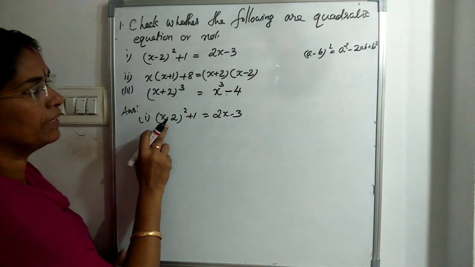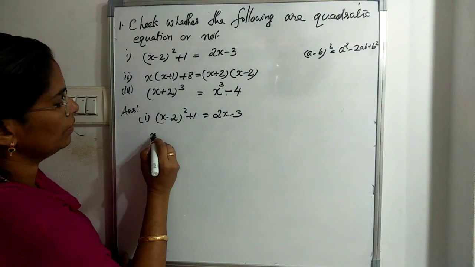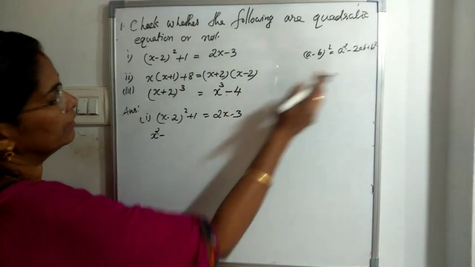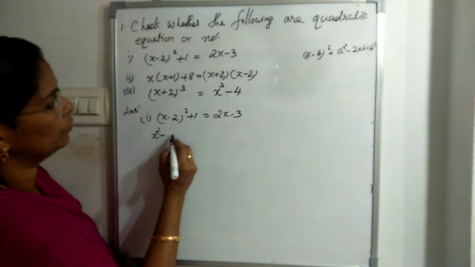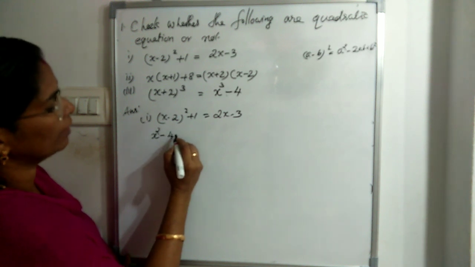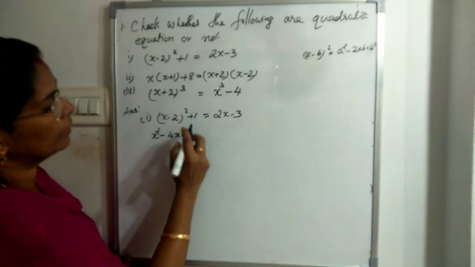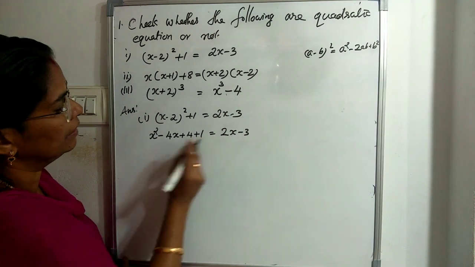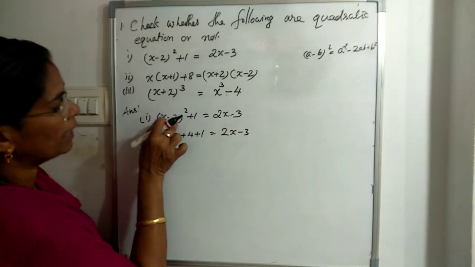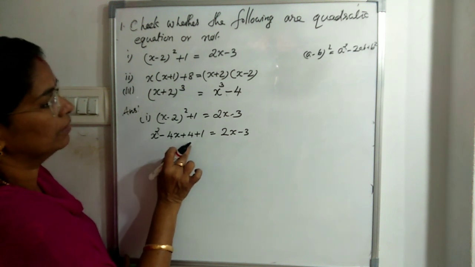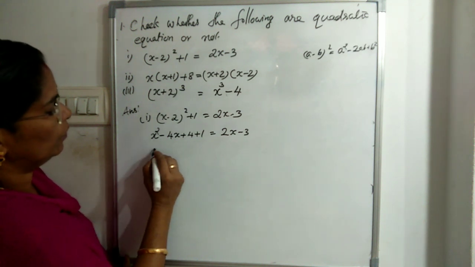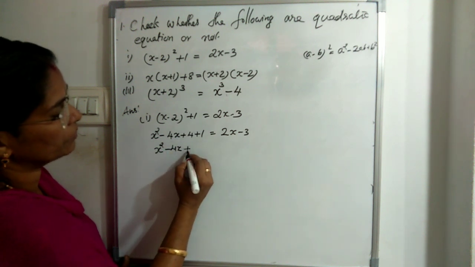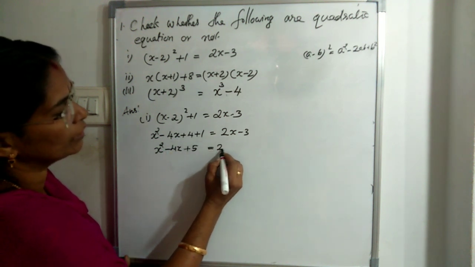This identity we are applying here. x square minus 2ab, here it is 2 into 2, 2x, so it becomes 4x. 2 square is 4 itself, plus 1 equal to 2x minus 3. Clear this term? It is the expansion of x minus 2 whole square. So, you have to write this, and 4 plus 1 is 5, equal to 2x minus 3.